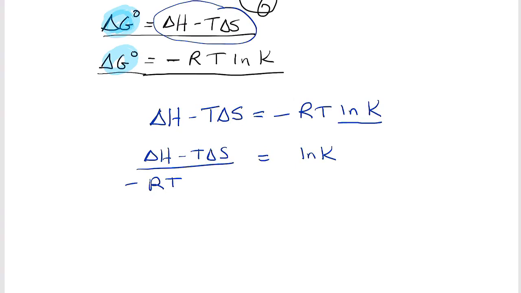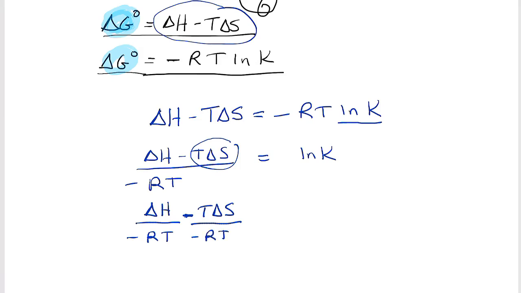Now let's go further. We're going to simplify this because mathematically we know that delta H over negative RT, and this is minus T delta S, is also T delta S over negative RT as well.